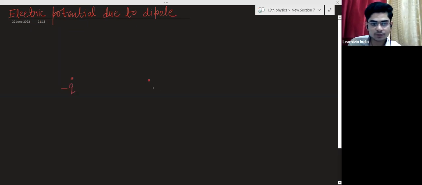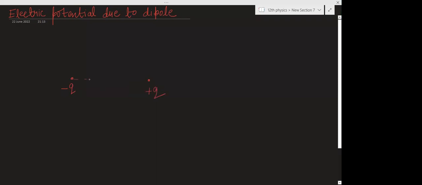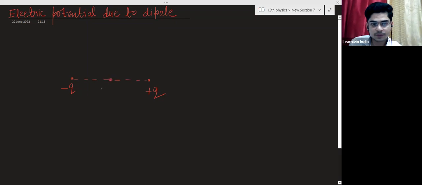Here the minus q charge is placed, and here a plus q charge is placed. In the same way, the distance between these two is 2a, and this is the center. We can calculate the potential at any point around it, here, here, at all the points.